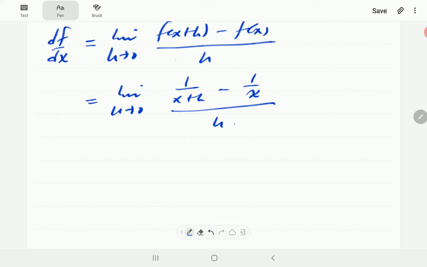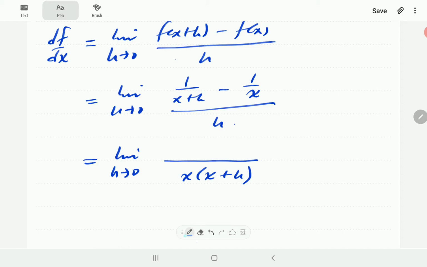When we have fractions, we always seek to write them as a single fraction. The LCM is going to be x into x plus h.